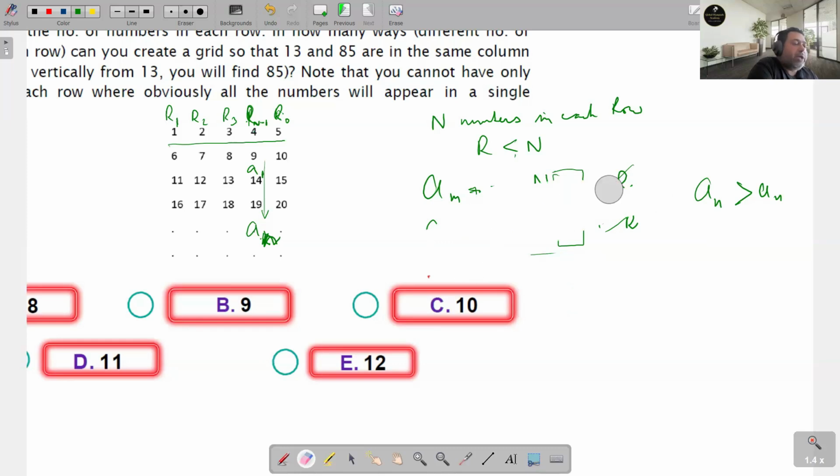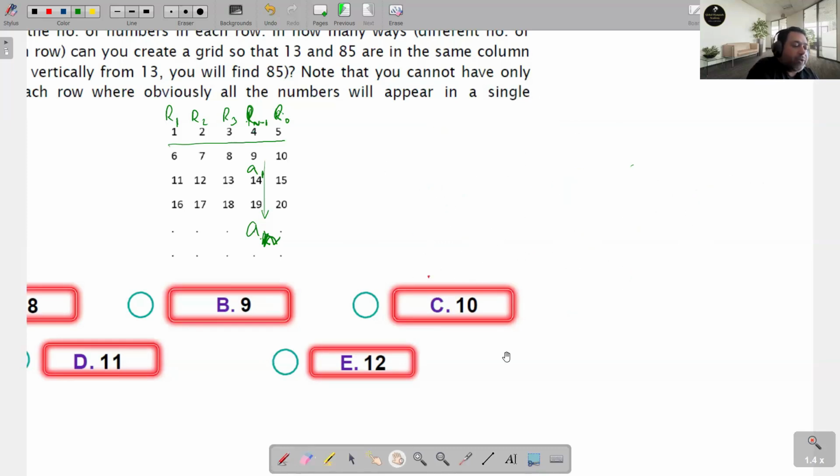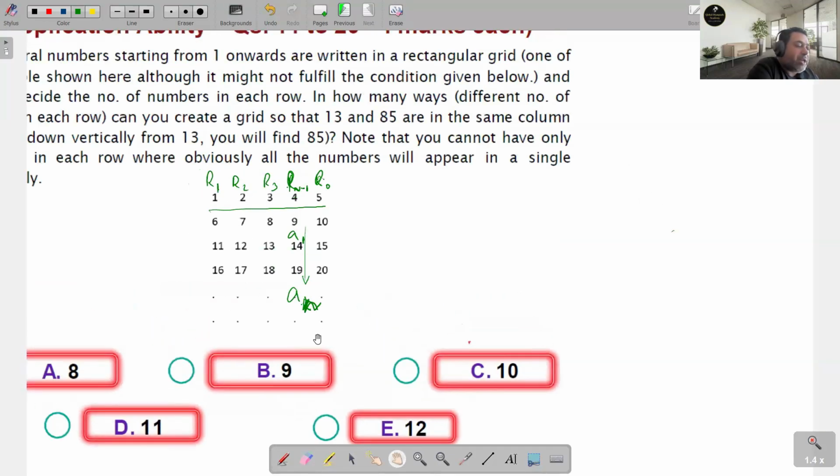We know that 13 and 85 will fall in the same column, which means that when divided by n they will have the same remainder, which means that their difference is a multiple of n. So if we subtract 85 minus 13, we get 72.